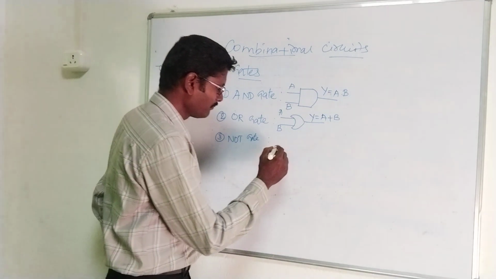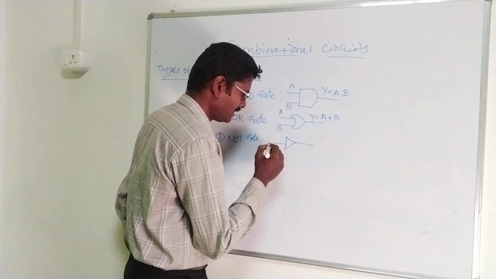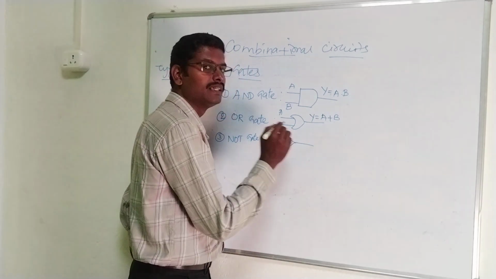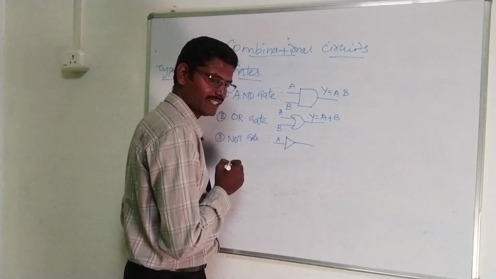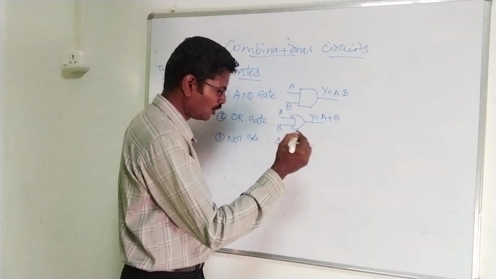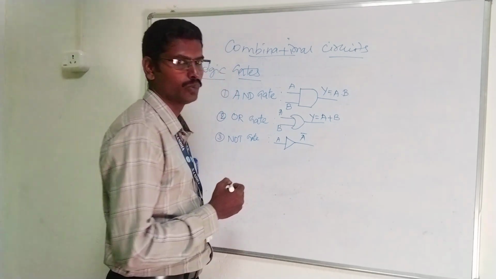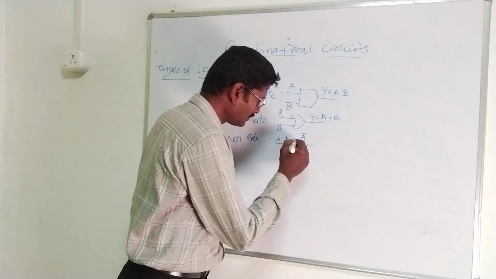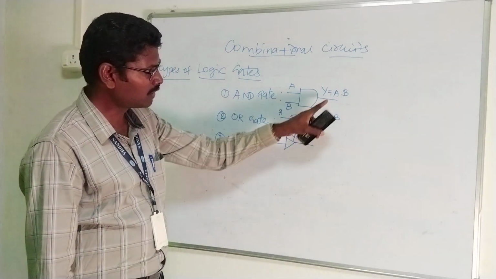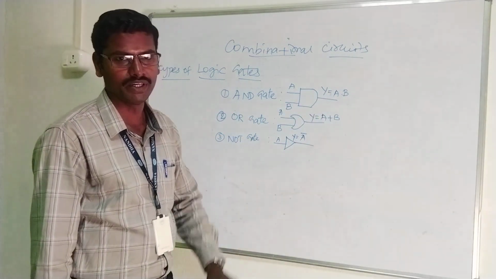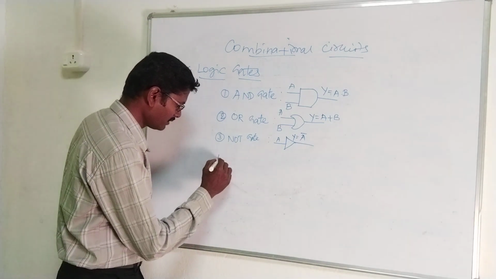The symbol for the NOT gate has a single input and single output. If I give A as input to the NOT gate, the output will be in the complemented form, A bar. We can simply write it as Y is equal to A bar. I am denoting Y as the output variable for all the gates, to represent in a common manner.